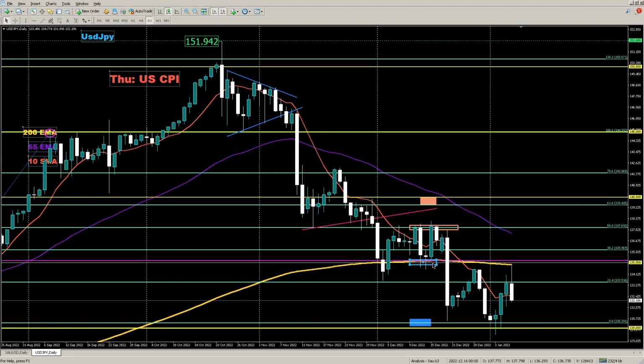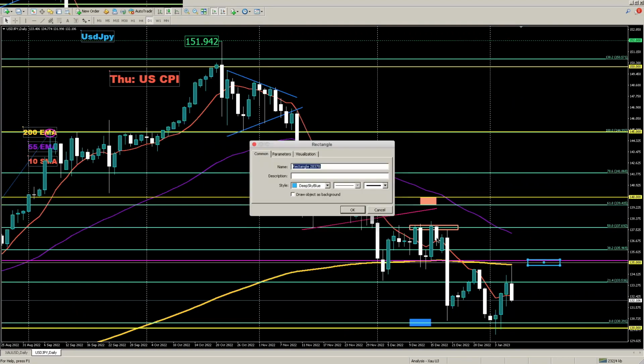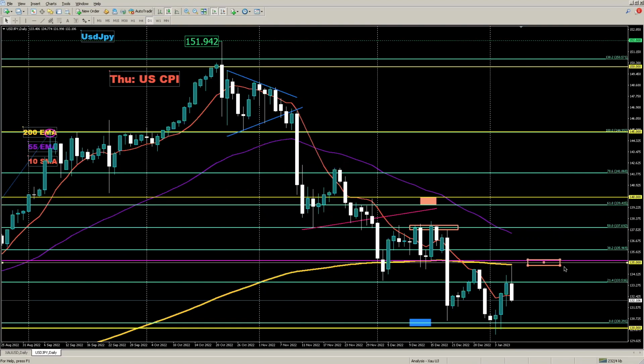So this is now resistance, along with this zone here at 130 as a critical support zone now.